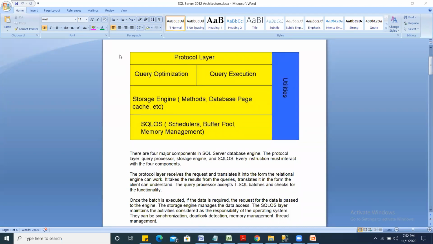So a storage engine provides three access methods to the optimizer while it is generating the plan in order to access the records. Try to understand here.